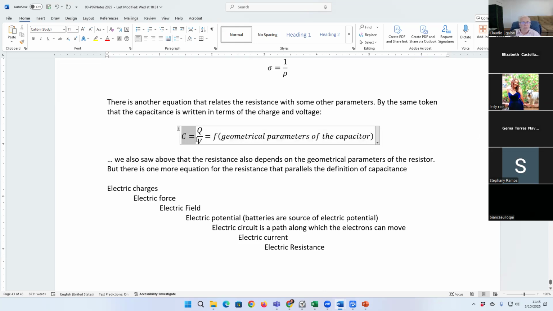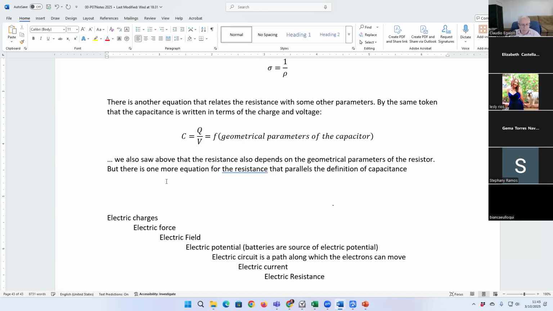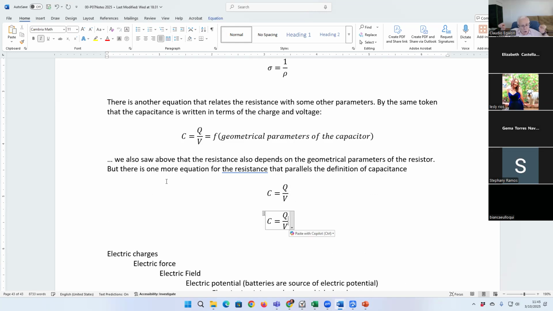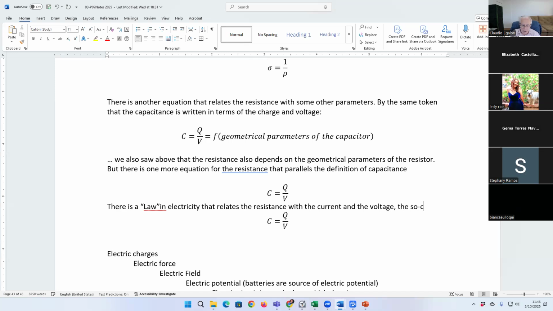If the capacitance is given by the charge divided by the voltage, okay, there is a so-called law, I'm going to put it between quotes, okay, in electricity that relates the resistance with the current and the voltage, the so-called Ohm's law.